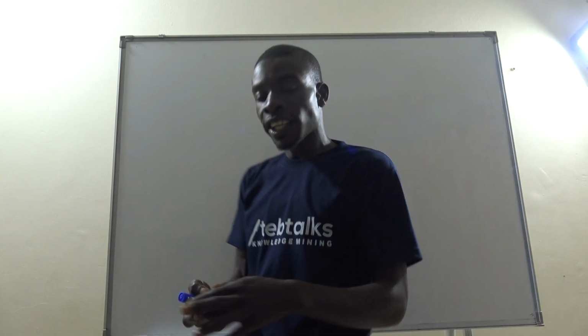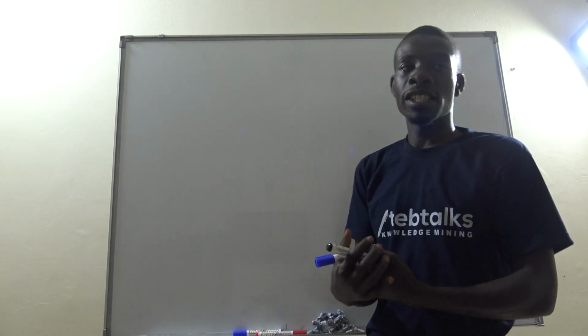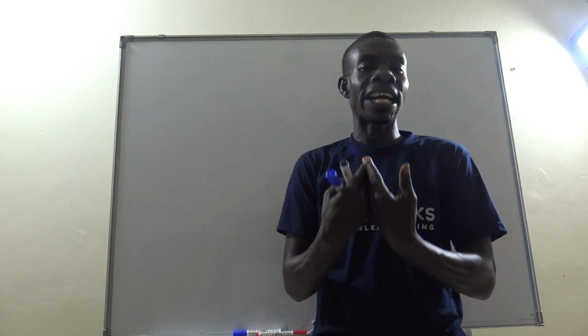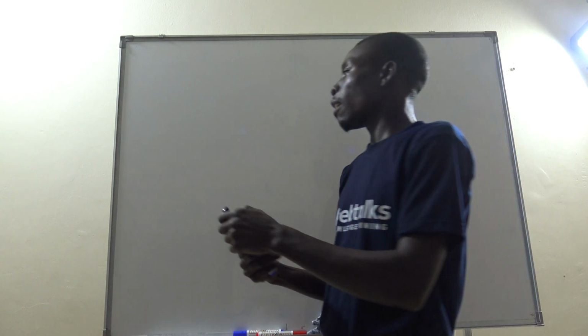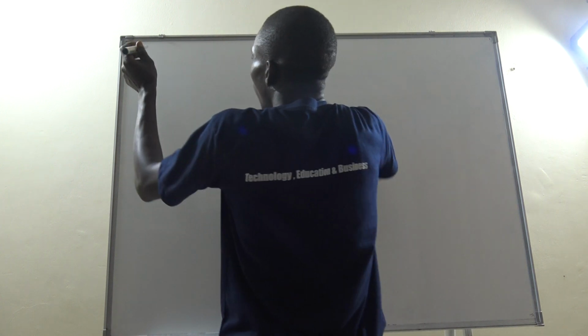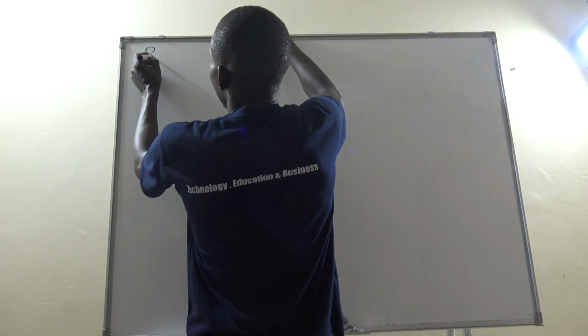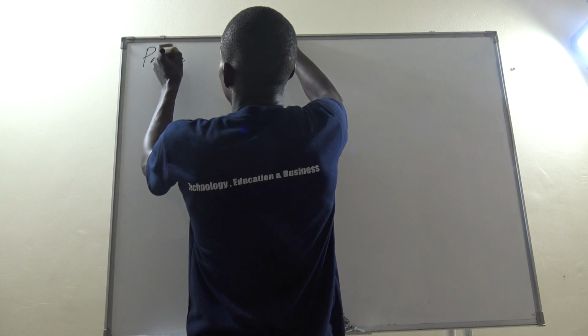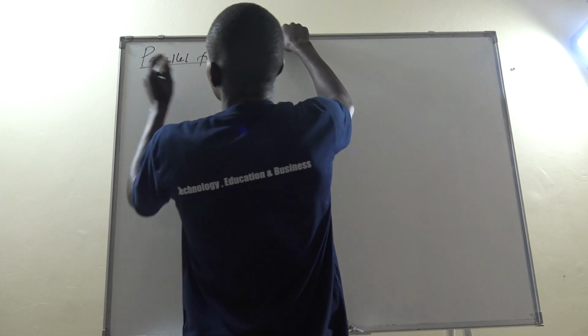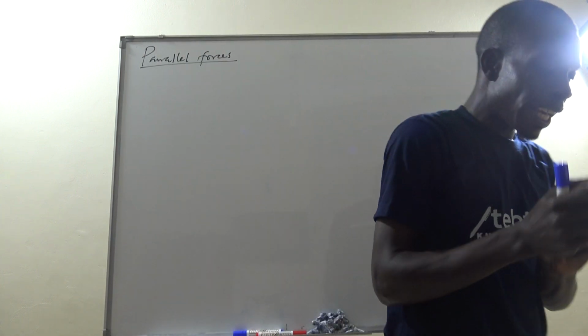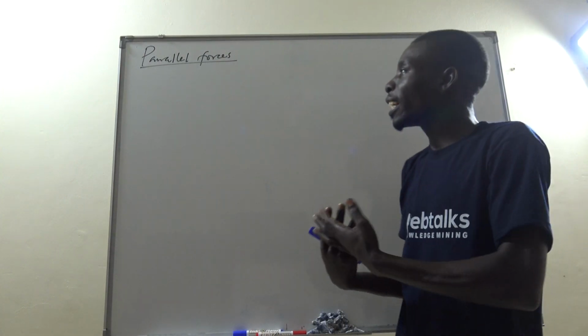So now, having looked at the resultant of forces, let's begin analyzing different forms of forces. Now let's look at the parallel forces. How do we get the resultant of parallel forces?